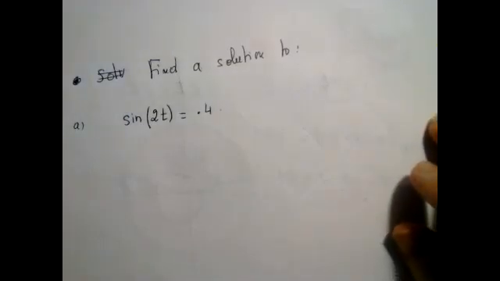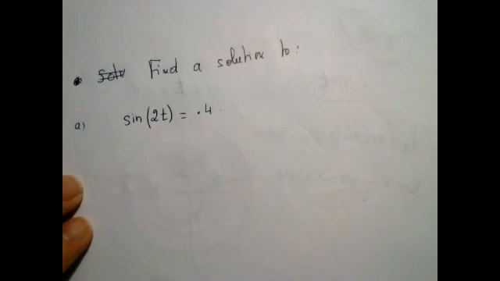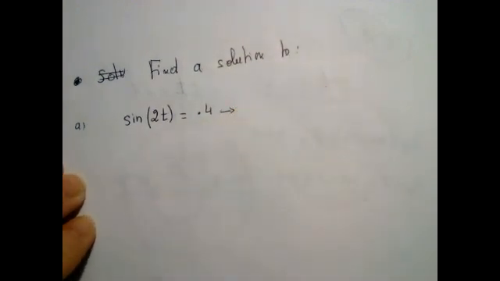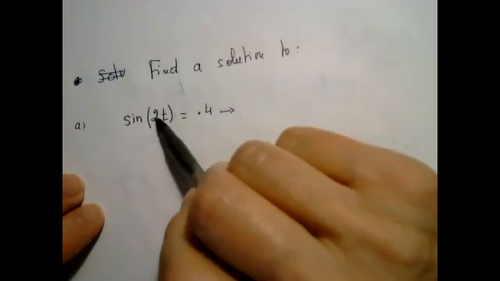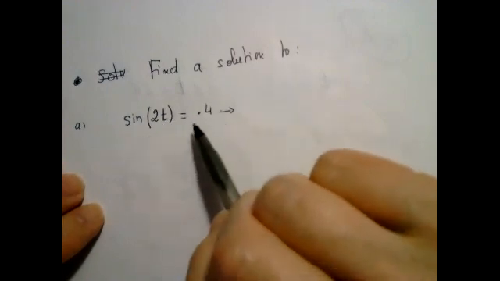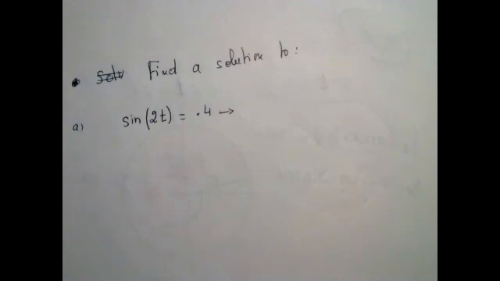The process is the same. So if sine 2t is 0.4, what does this mean? How can I find t? Can anybody give me an idea? Find a solution means find the value of t. When I plug it here, the sine of 2t will give me 0.4. How can I solve something like that?